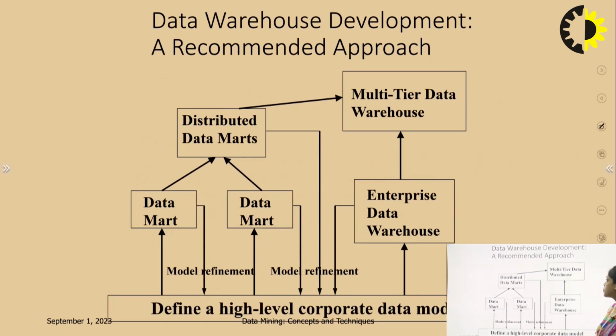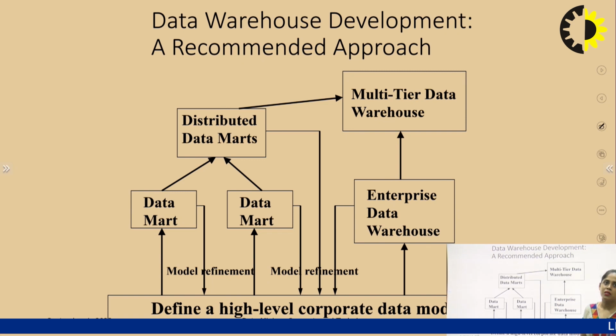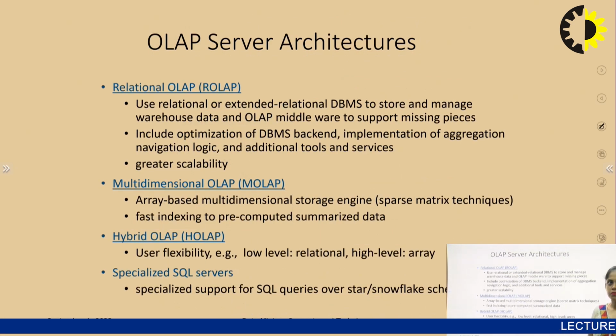It is the recommended approach, defining a higher level corporate data model in which the enterprise warehouse and data marts are distributed among multiple, multi-tier data warehouses, which are connected to all these things. It is going towards here, and upward like this. So starting from a higher level corporate data model, it is going towards the multi-tier data warehouse.